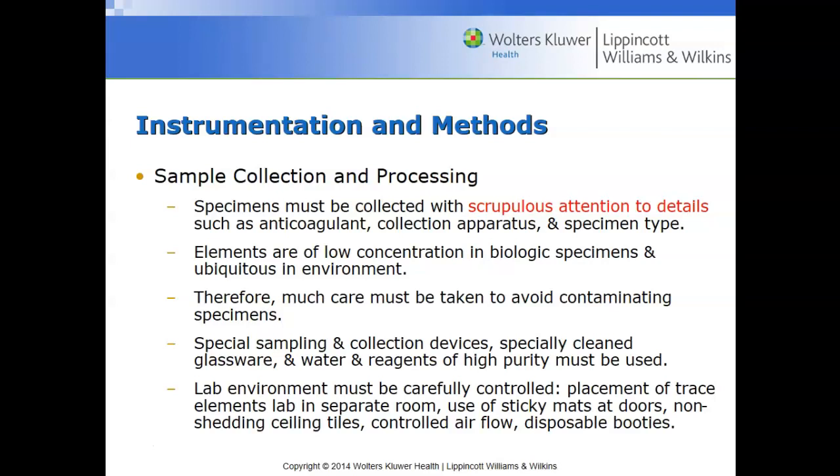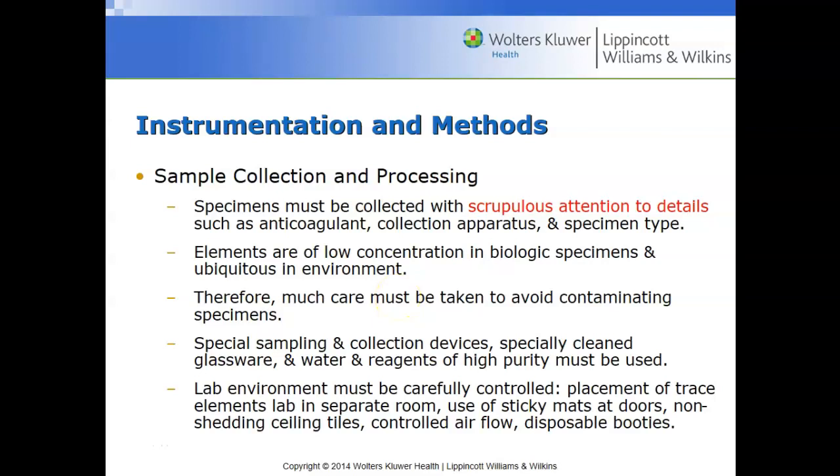will be send-out tests to reference labs, and usually there's a collection manual or procedure manual hooked up or tied to the lab information management system or the hospital information management system that tells phlebotomists and nurses how to collect these and how to store them, because it's going to be mostly send outs and it's going to take a long time to get the results back.